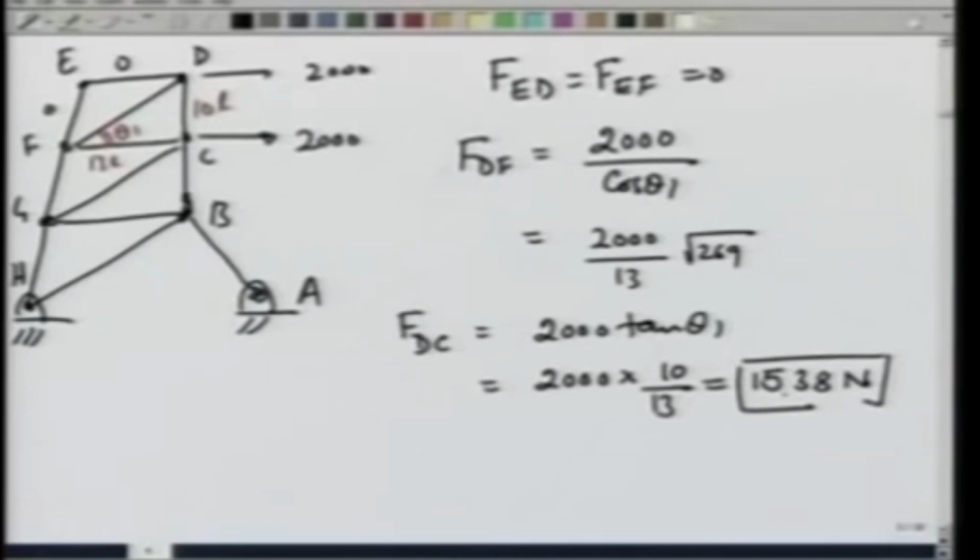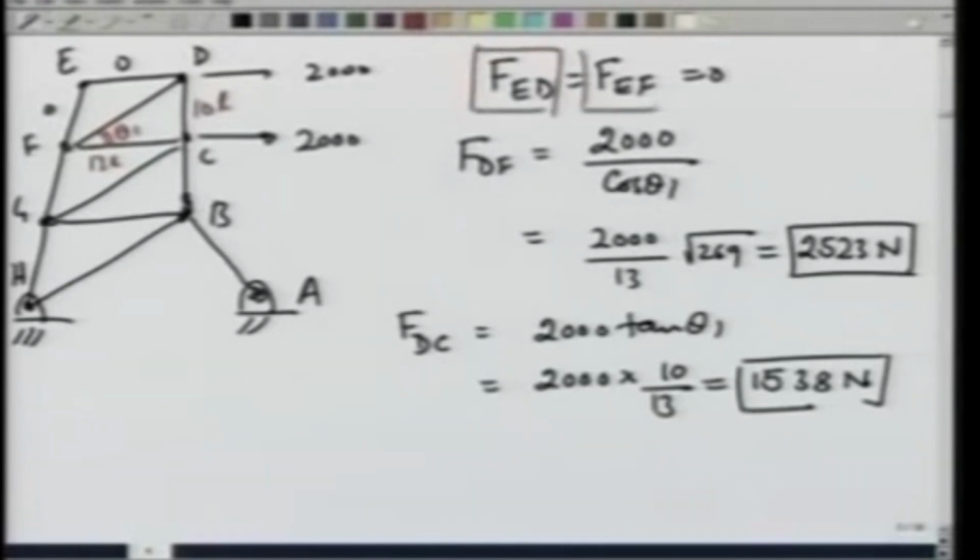Similarly, then the F_DF comes out to be 23 newtons. So, we have found the four forces, let me box them: F_ED, F_EF, F_DF, F_DC.